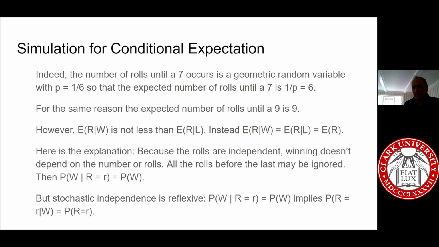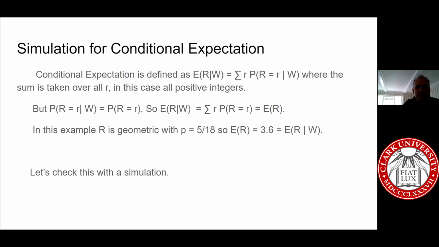Now here's the thing, independence in probability is reflexive. If A is independent of B, B is independent of A. So if the probability of winning, given that you know the number of rolls, is just the probability of winning, then the probability that the number of rolls is little r, given that you won, should just be the probability that the number of rolls is r. Okay, so I wanted to test this.